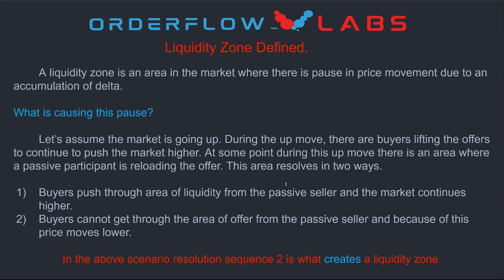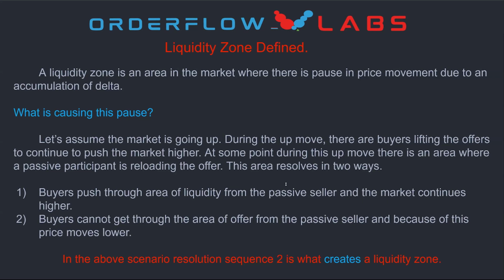But I really want to call out that in order to spot these areas of high liquidity, there are two things required. One is a lot of delta accumulation, and then that pause in price movement, because we can see plenty of scenarios where the market is moving through areas where, let's say the market's going up and buyers are lifting offers and lifting offers and lifting offers.